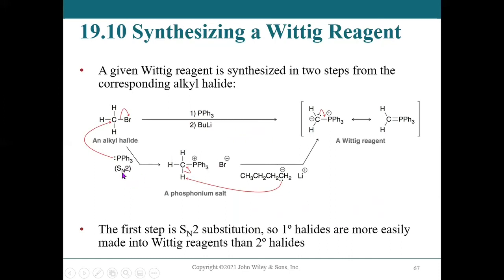The first step is an SN2 reaction, and we use triphenylphosphine, with the phosphorus atom acting as the nucleophilic site, attacking the carbon and pushing the bromide out. Then we can use something like alkyl lithium to abstract the proton and produce this ylide.